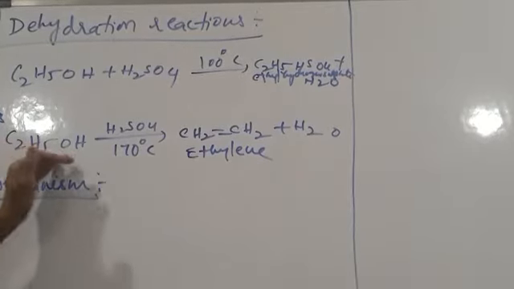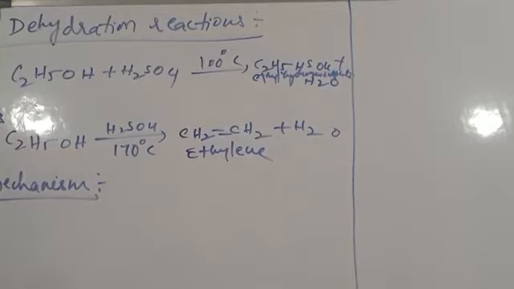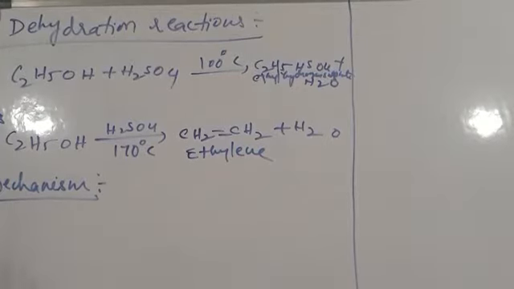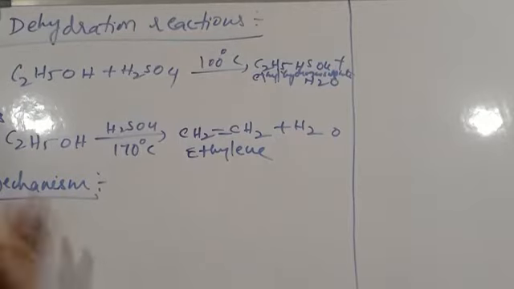Dehydration at 170 degrees centigrade takes place in a 3-step mechanism. The first step is protonation of alcohol, next formation of carbocation, and finally deprotonation.